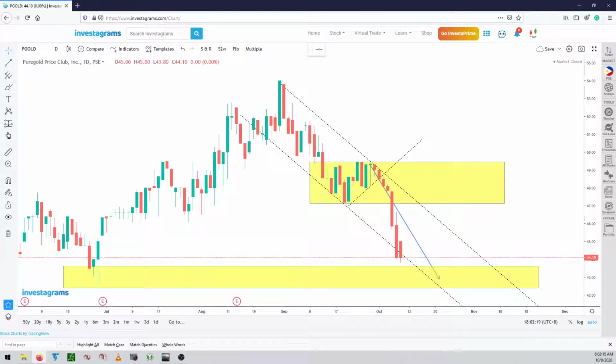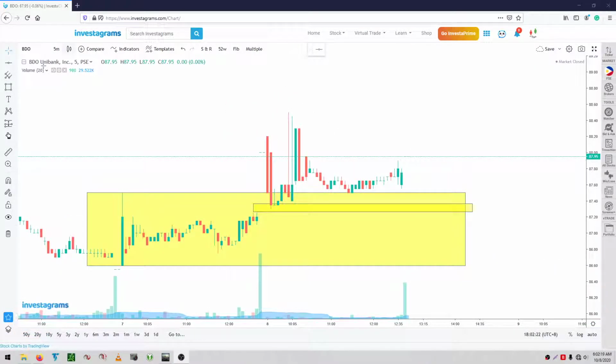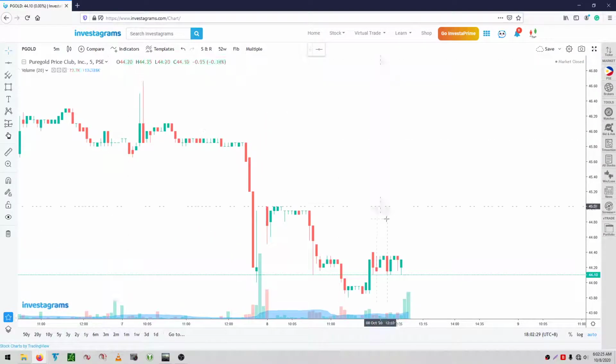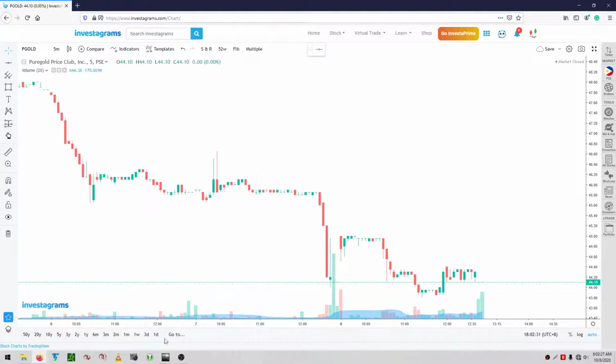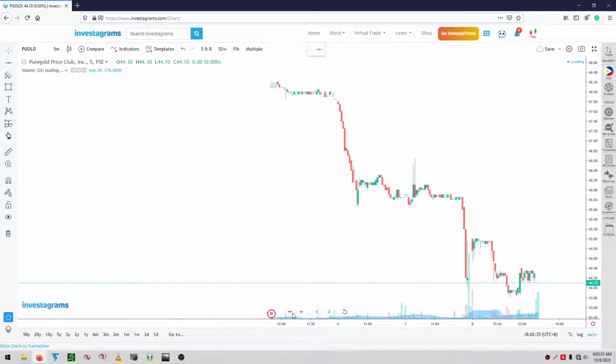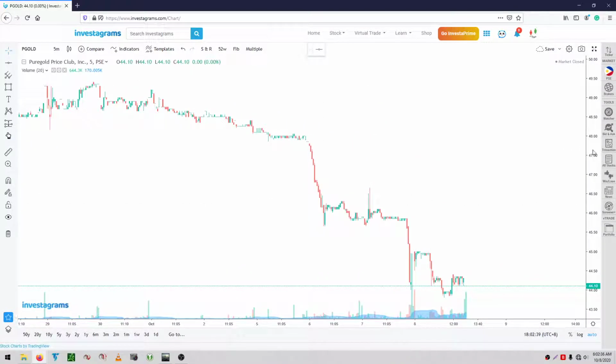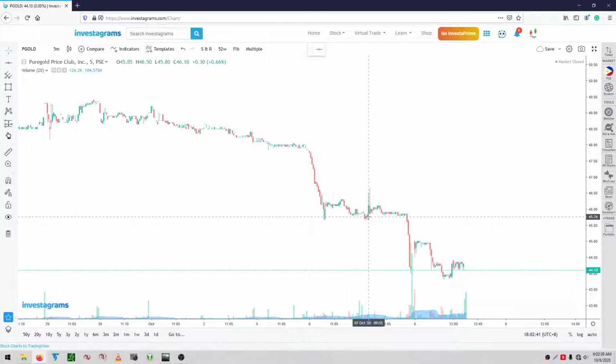So if we take a look at Pure Gold on the 5 minutes, what really happened? All sellers, I guess. Guys, give me a second here. That is all sellers market, right? This will just tell you what happened.